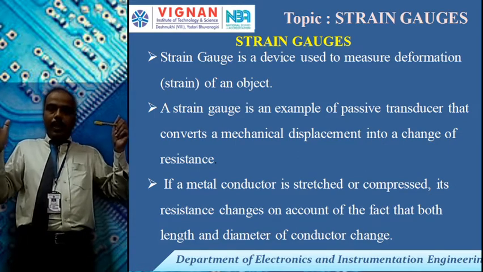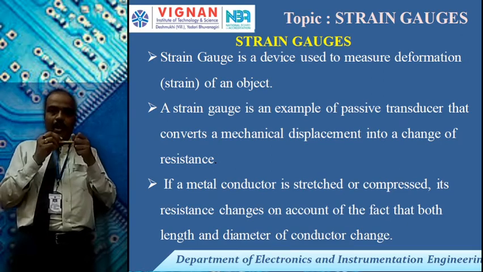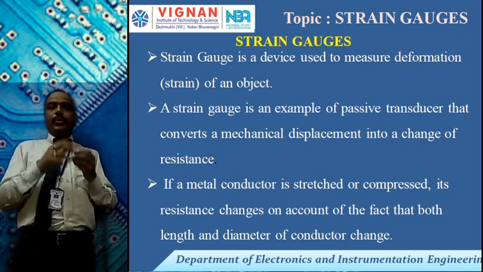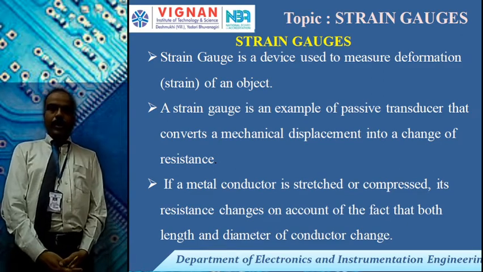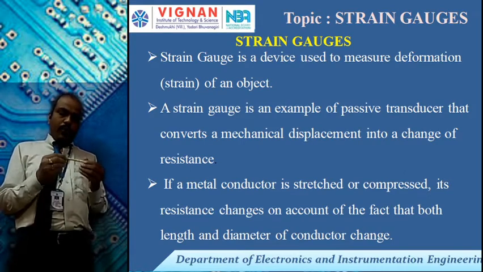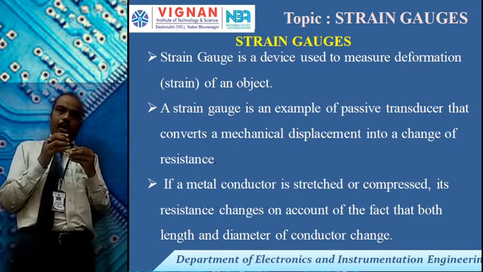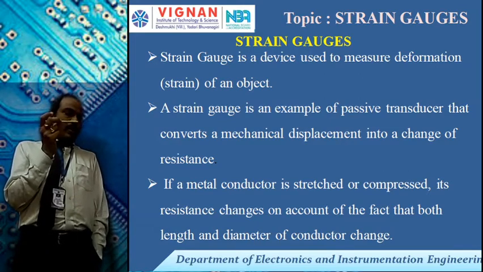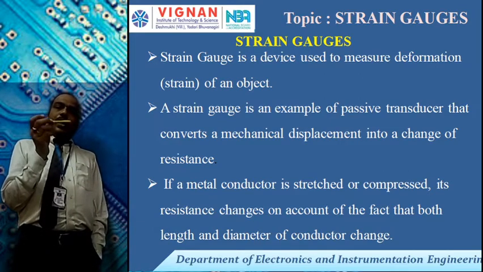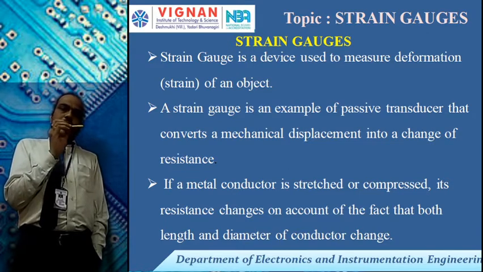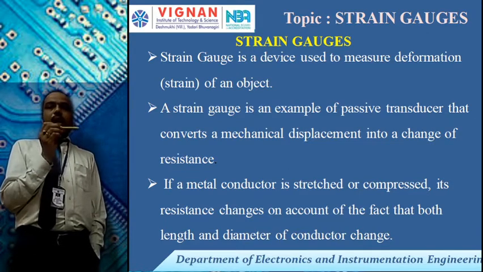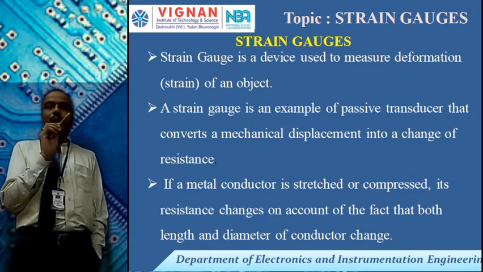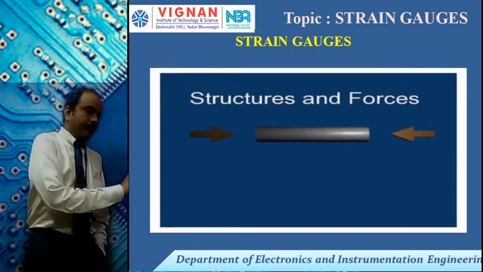Or if you apply the compression force, the length may decrease and the diameter may increase. So if the metal conductor is stretched or compressed, its resistance changes on account of changes in both length as well as diameter, that is longitudinal and lateral dimensions.